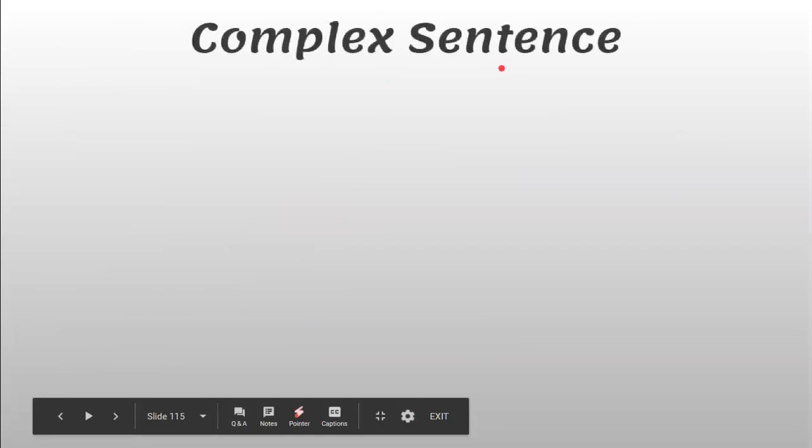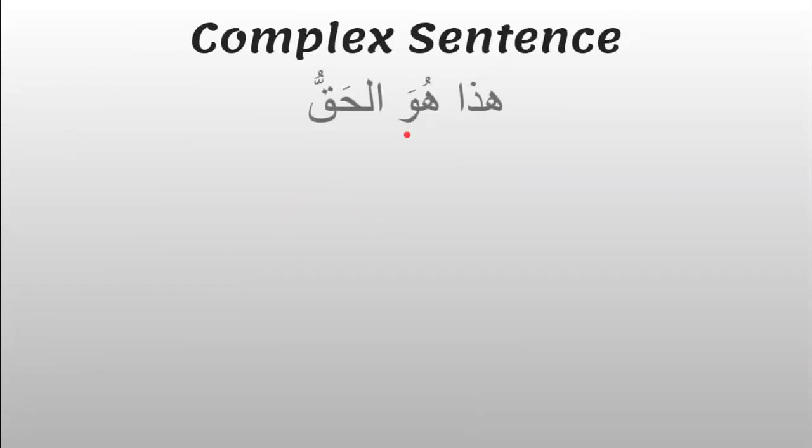Okay. Last thing about Jumla Ismiya, then we can call it our session, because from tomorrow we'll start our class of Fa'al. So Jumla Ismiya is done. If you understand Mubtada, Khabar and Muta'alliq bil Khabar, and the Mubtada Muakhar and Muta'alliq bil Khabar Muqaddam, that's good enough.